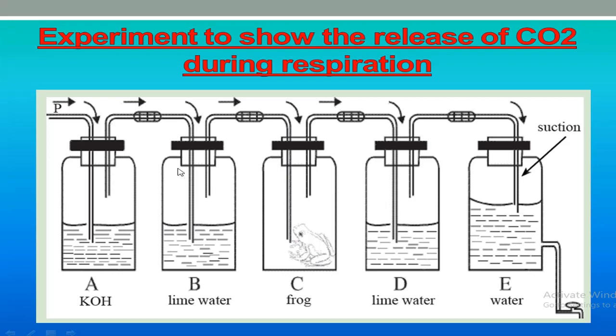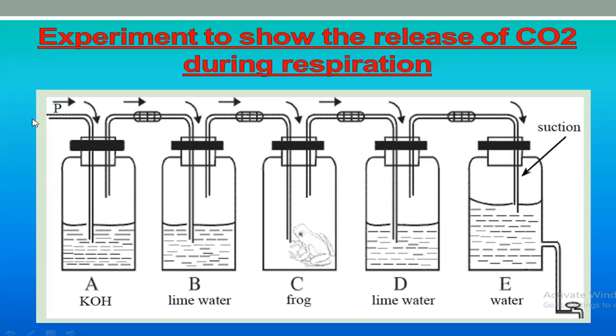To fill this gap, gas flows from A to B. And then a gap is built in the bottle A also. To fill this gap, air flows from the atmosphere to A. Like that, air flows from the atmosphere to E.